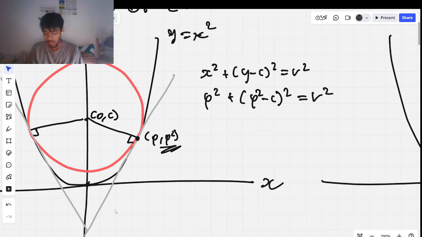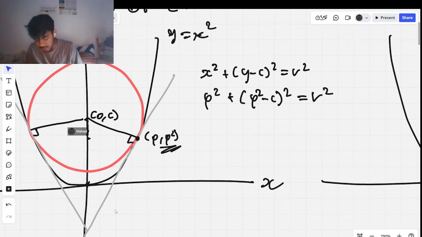I guess the helpful thing to notice is that the radius here is perpendicular to the tangent, which means that the product of the gradients is equal to minus 1.